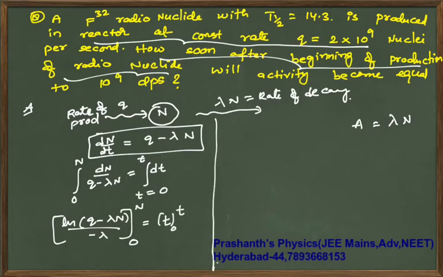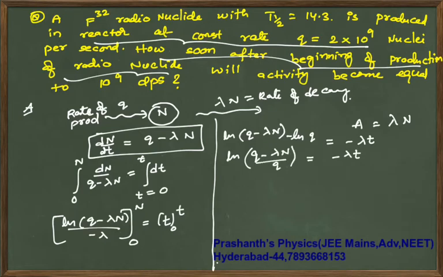Finally this becomes ln of Q minus lambda n minus ln of Q equal to minus lambda t, so ln of Q minus lambda n by Q is equal to minus lambda t.